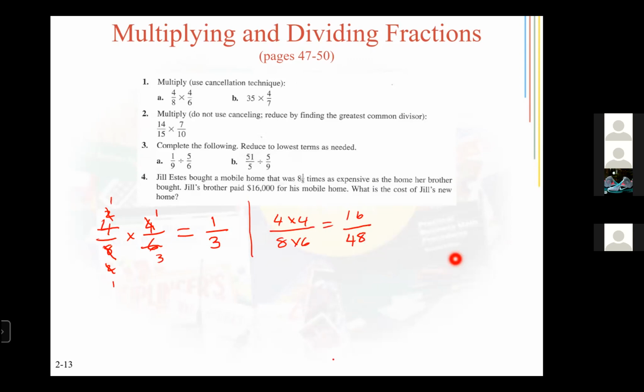So if you want to reduce that, let's use 4. 4 into that is 4. 4 into this is 12. 4 into 4, 1. 4 into 12, 3 equals 1 over 3. So you could either cancel, or you could just multiply the numerators, multiply the denominators.